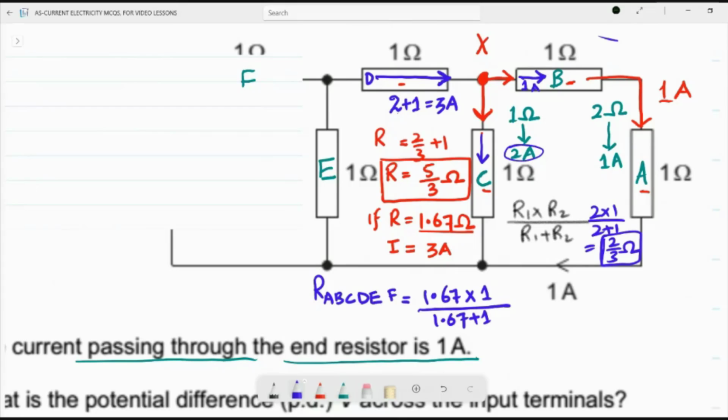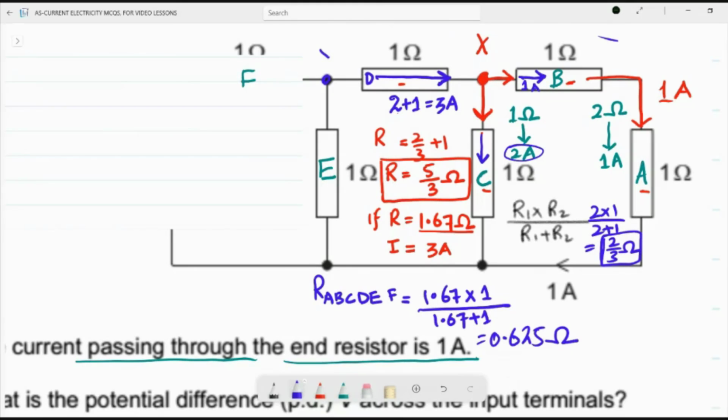Let me calculate with the calculator. 1.67 divided by 2.67 gives us 0.625 ohm. So whatever is exposed to you, its overall resistance till this point is 0.625 ohm.